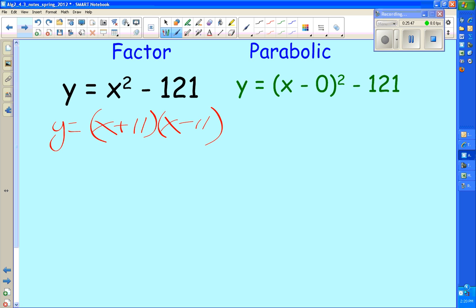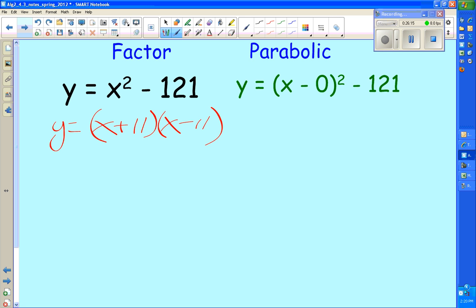What's this called in green? Oh, that's intercept form. This is intercept form. This is parabolic form. What's the vertex? 0, -121. This one tells you the roots, the 11 and the negative 11, comma 0.